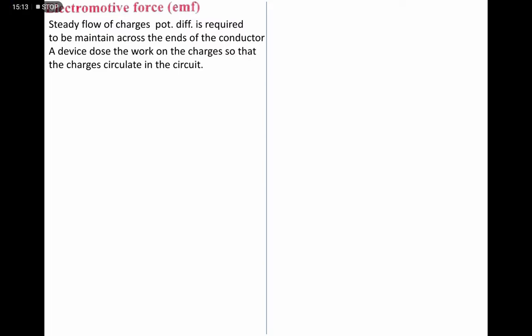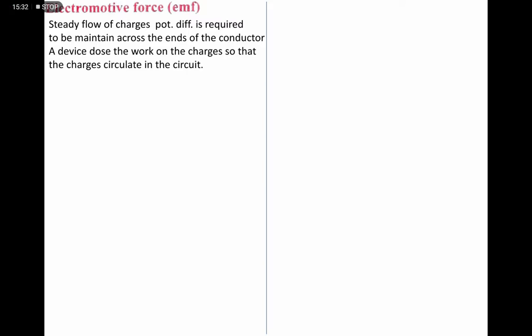When the cell or source of electricity is connected across the conductor, positive charges pass through the conductor from the positive end of the source. At the same time, electrons pass through the conductor from the negative terminal.